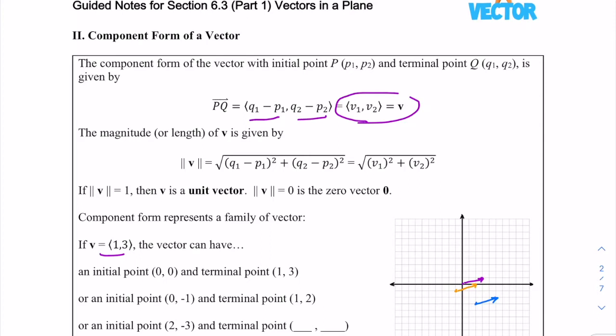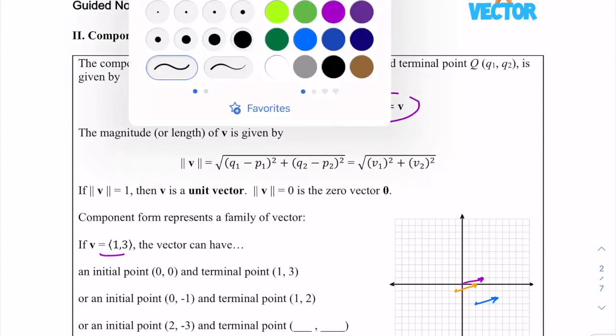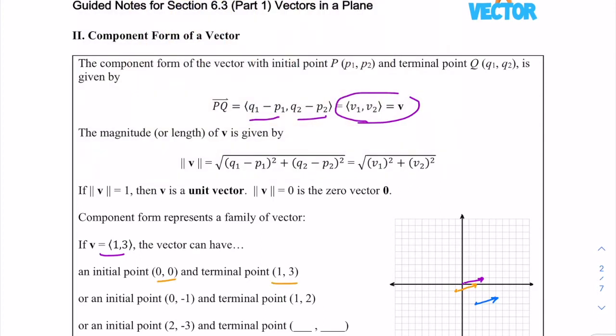So you can see if you start with 0, 0, and then go to 1, 3, well, there's one vector. You can go from 0, negative 1, and then 1, 2, and then for the last one, which is down at the bottom of the blue, you can start with 2, negative 3, and the terminal coordinate is going to be 3, 0.